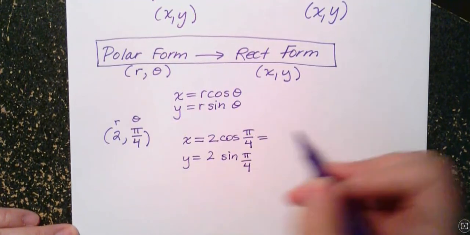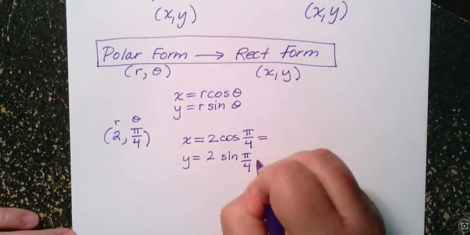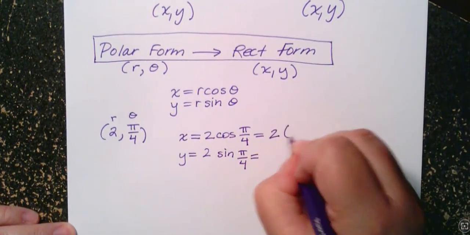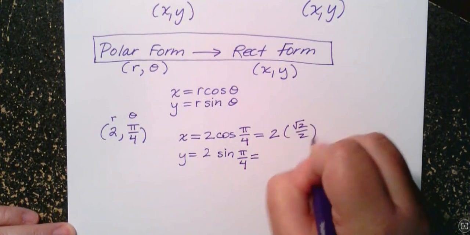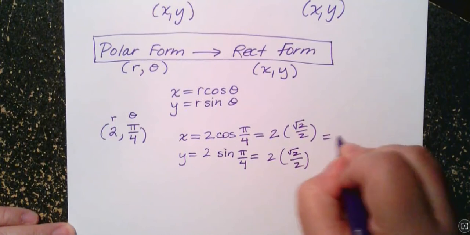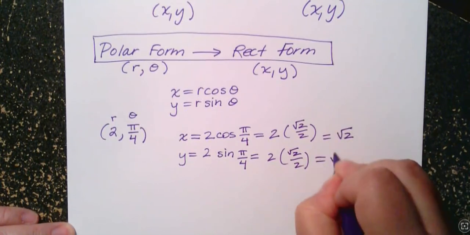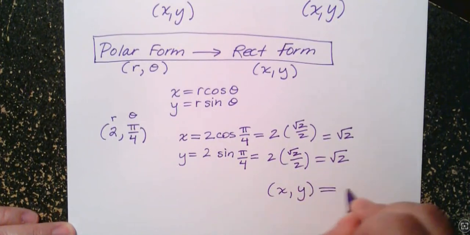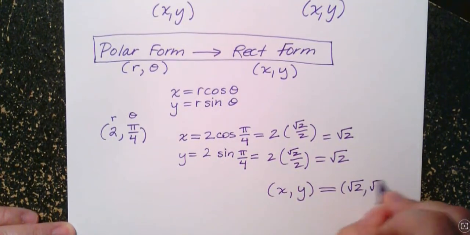Well, cosine of pi over 4 and sine of pi over 4, think about the unit circle, are the same thing. They're root 2 over 2. So this is going to be square root of 2, and this is going to be square root of 2. And so my rectangular coordinates are just (root 2, root 2).